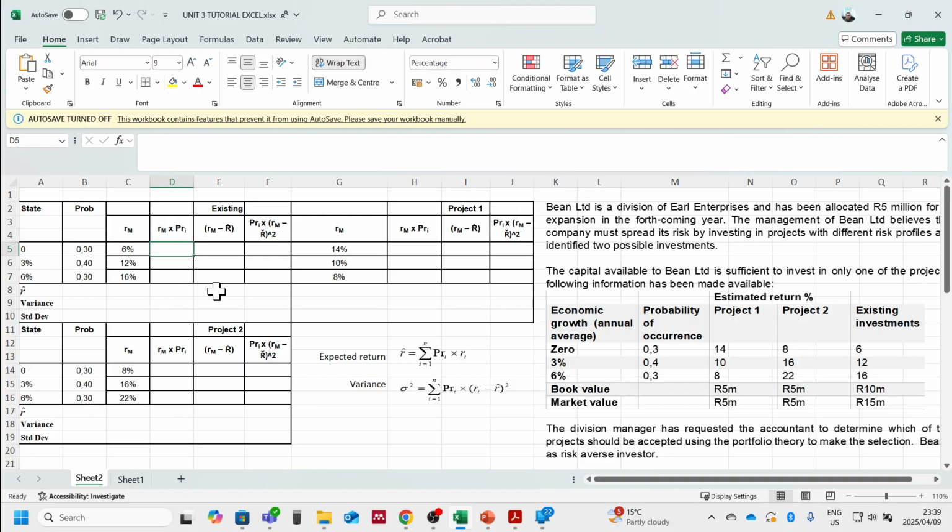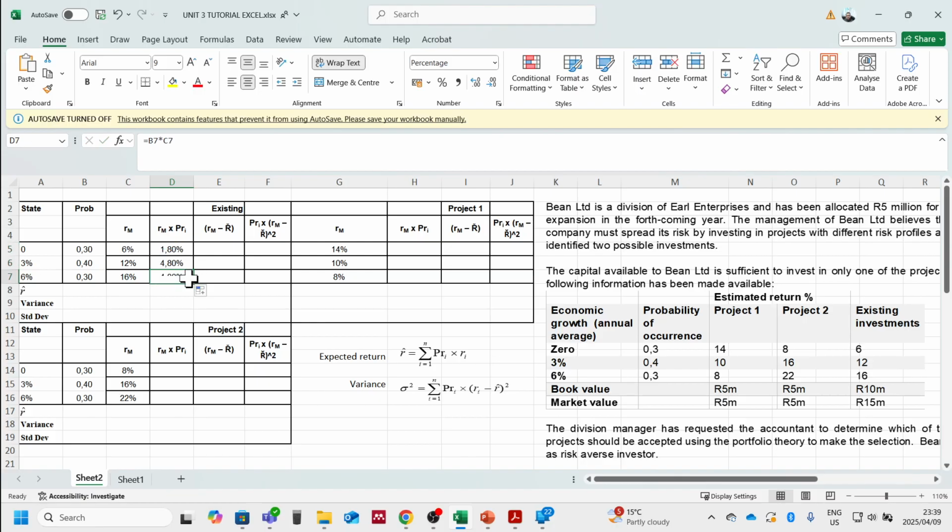Over here on the existing investment, we have the state of the economy with 6% growth and the probability being 0.3, 0.4, and 0.3, so these are already in decimal format. The expected return will be the probability multiplied by the anticipated return, which gives us 1.8%.